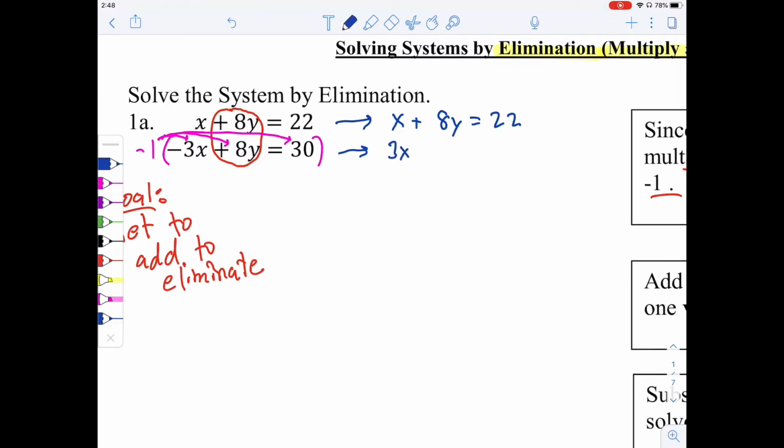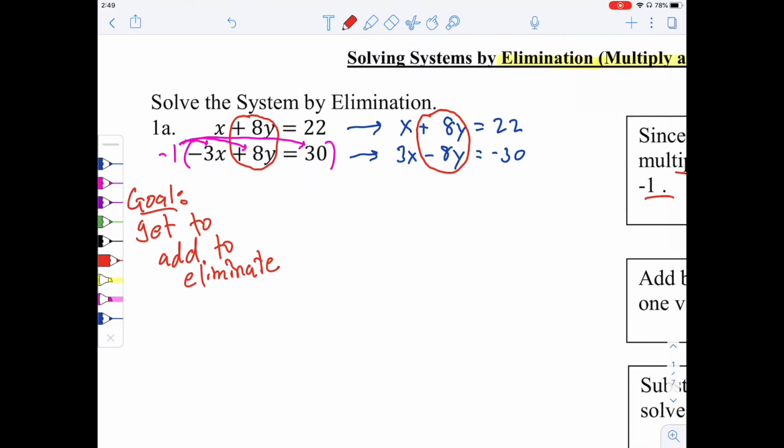So we got positive 3x, -1 times 8y, we just flip our signs, -8y. -1 times positive 30 becomes -30. Now you see that if we add, we're going to eliminate. That's what we wanted. That's our goal.